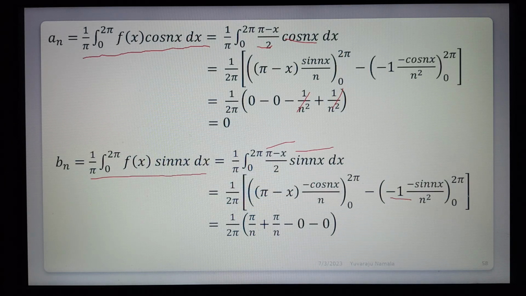Sin 2n pi is 0, sin 0 is 0. Simplification gives 2 pi, the 2 pi cancels, so 1 by n is the bn value.